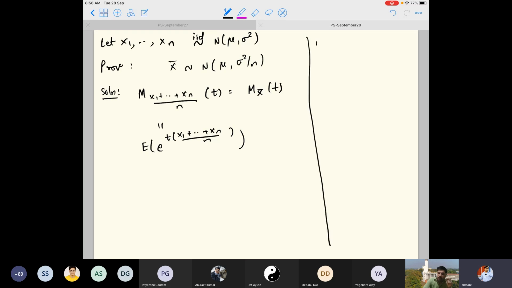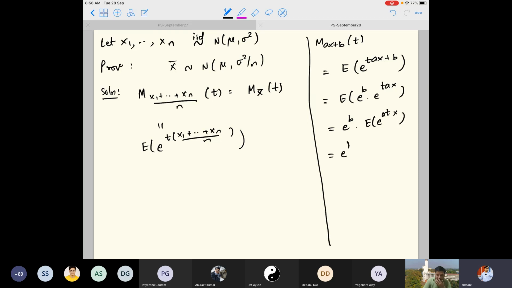So basically what I am trying to do is M of ax plus b at t. Then we have the expectation of e to the power t(ax plus b), so expectation of e to the power tb into e to the power tax. This is nothing but e to the power tb into the expectation of e to the power atx, which is e to the power tb times the moment generating function of x evaluated at at, right?